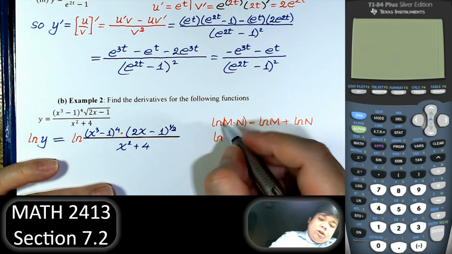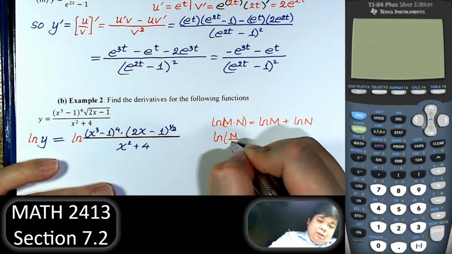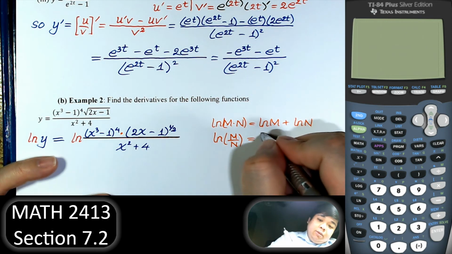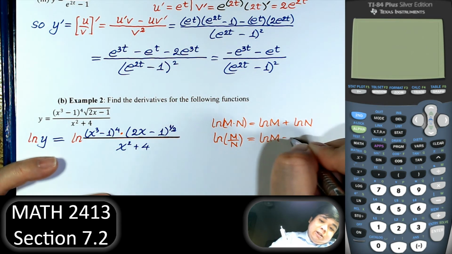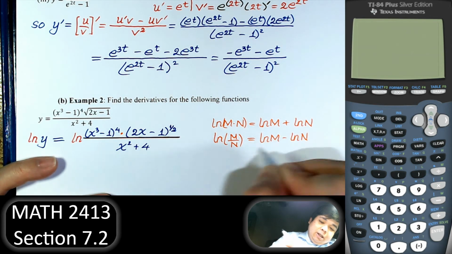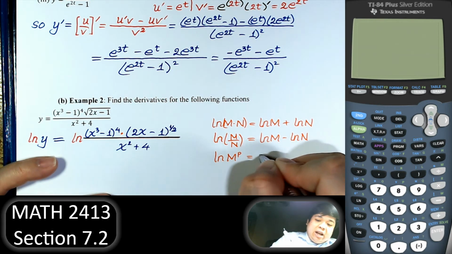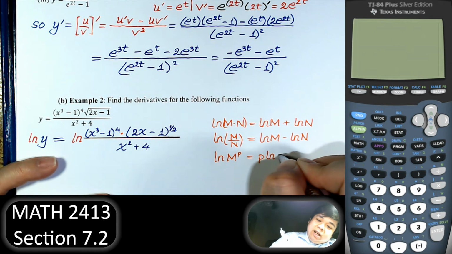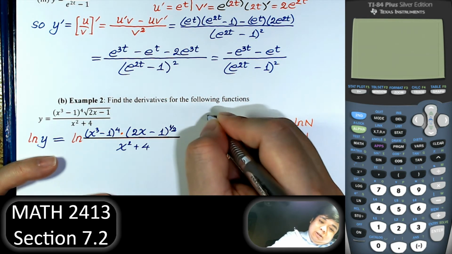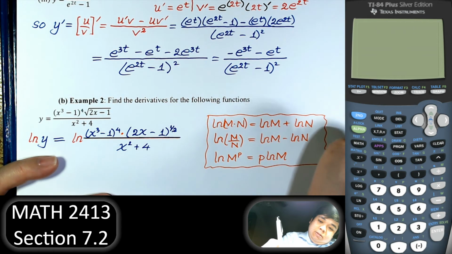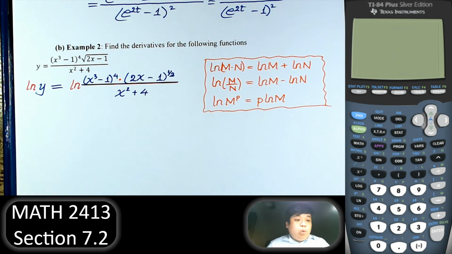If it is a quotient, we can turn that into a difference. And if it is a power, we can take the constant outside, take the power outside. Right, so we do that.